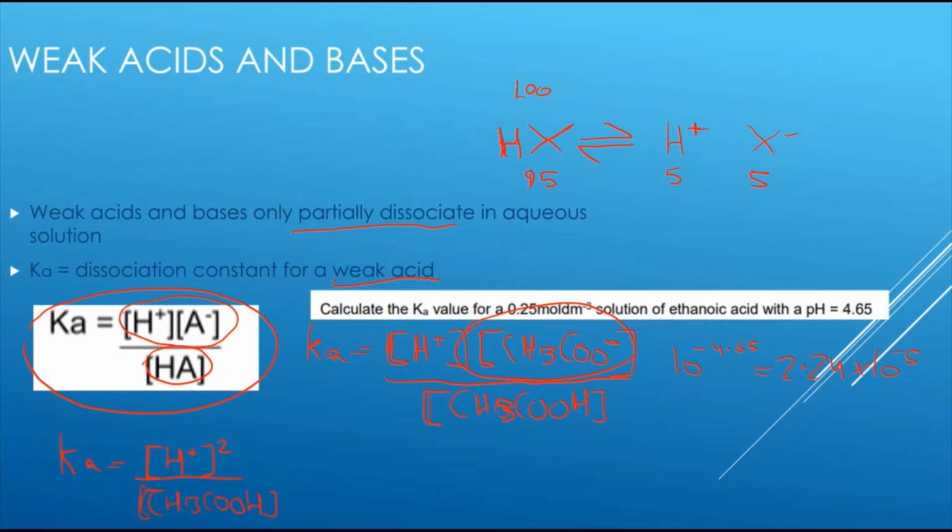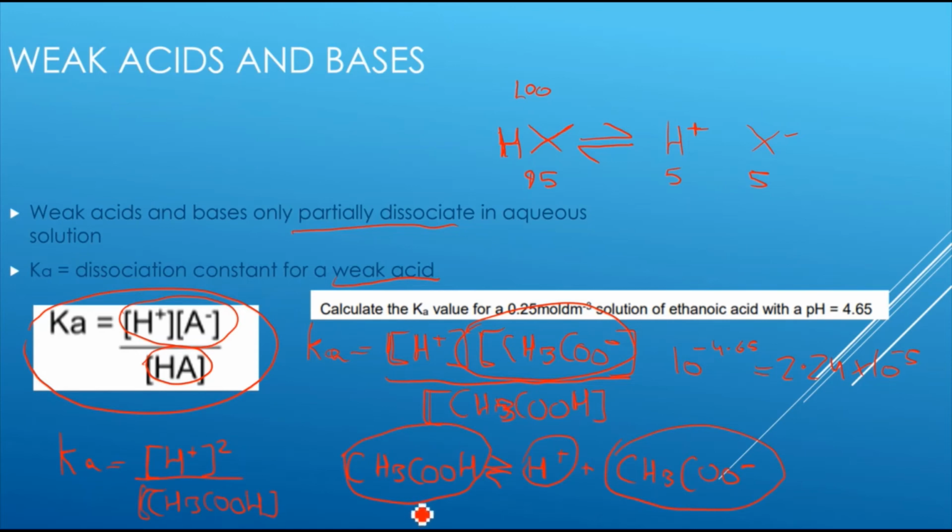Now this is because, looking at the dissociation equation, if I had ethanoic acid dissociating into H+ and CH3COO-, for every ethanoic acid that dissociates, we end up getting one H+ and one CH3COO-.